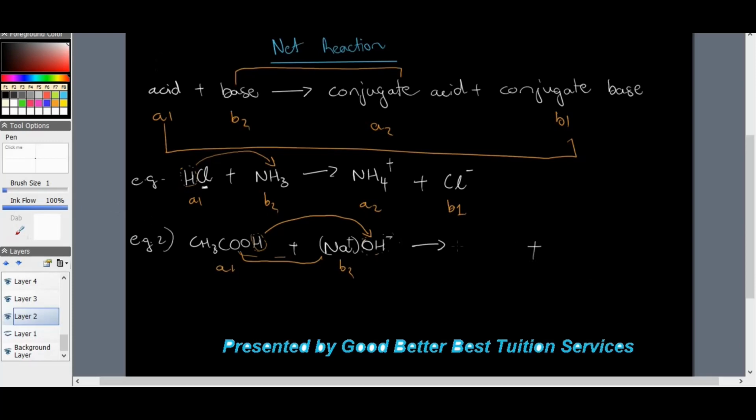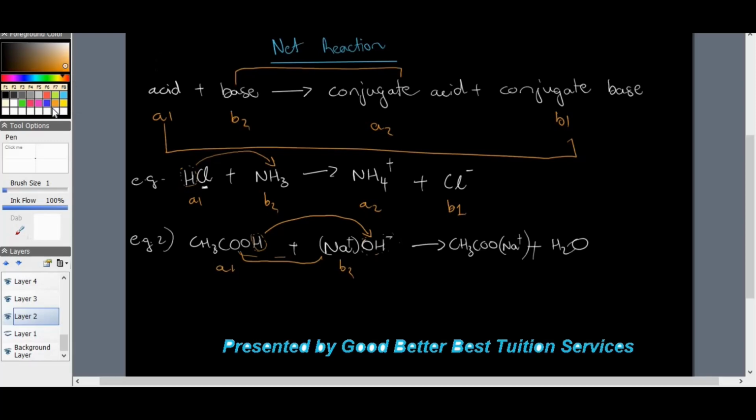So what we're going to end up with here is CH3COO. We're going to keep the brackets to show the ions, Na plus, and H2O, which is our water.